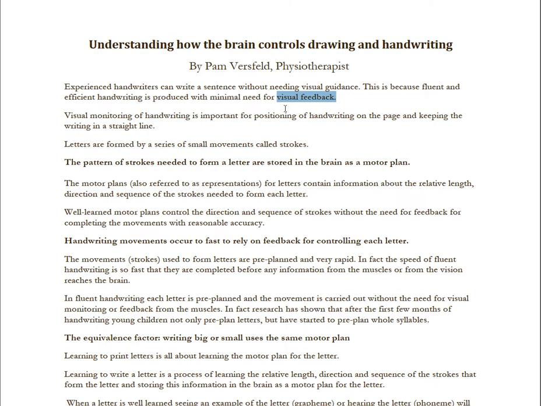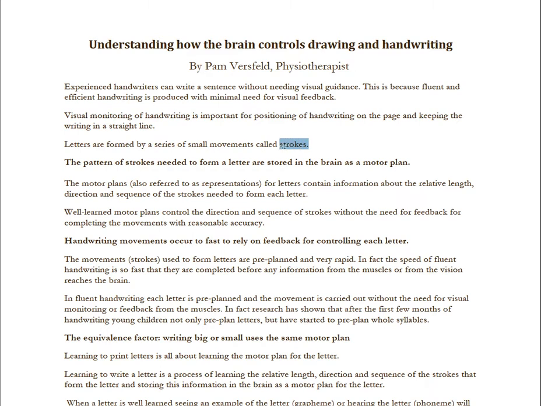And take a look at that right there. Minimal need for visual feedback. Visual monitoring of handwriting is important for positioning of handwriting on the page and keeping the writing in a straight line, but not for writing the letters themselves. Letters are formed by a series of small movements called strokes.